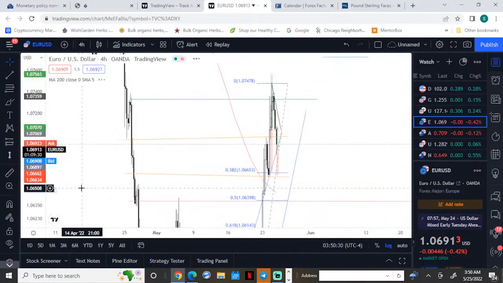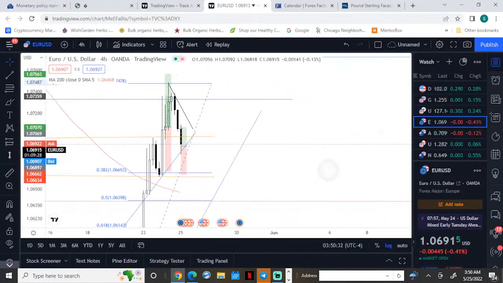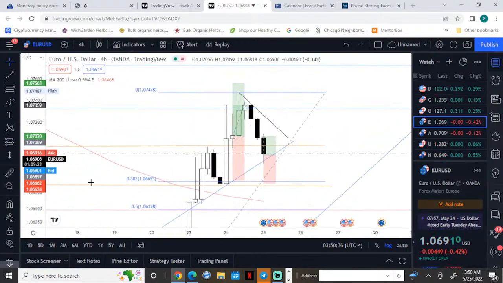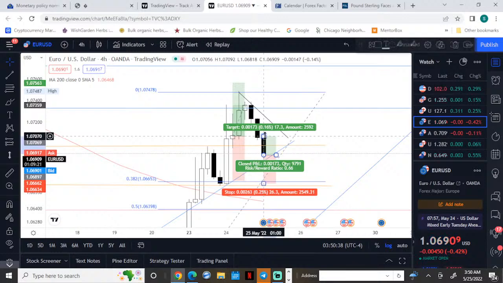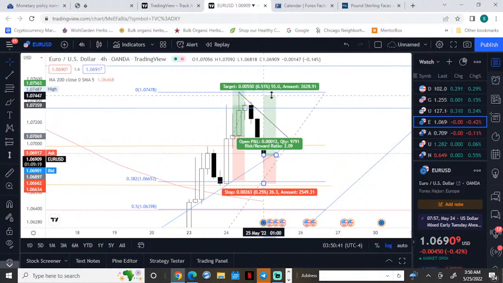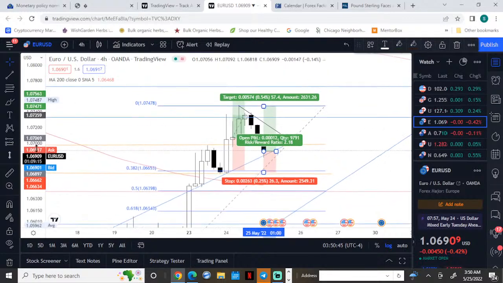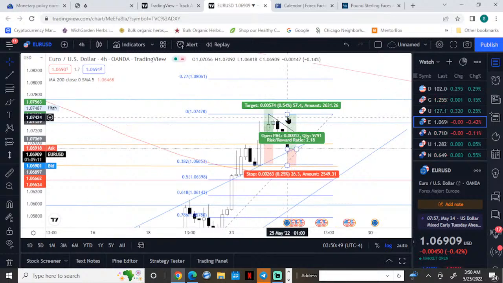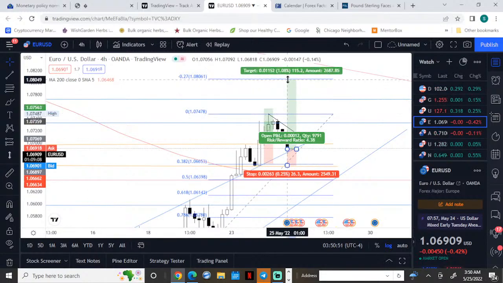Come back to the 4 hour and we're going to line it up with the 0 for TP1. Remember, move stop loss at TP1, take partials. The 27 would be TP2.